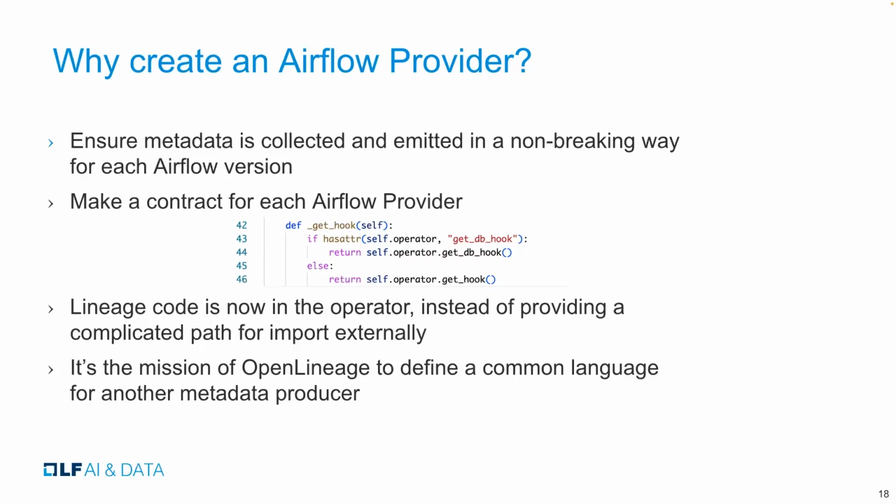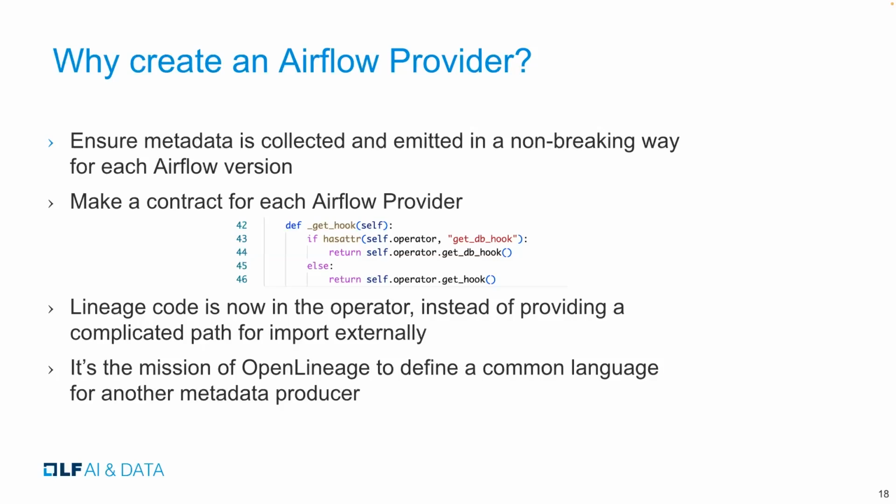And that's important for us because we can let other contributors do the job when adding OpenLineage support directly in the Airflow repository. And also it's a huge step for us because it gives us some visibility.